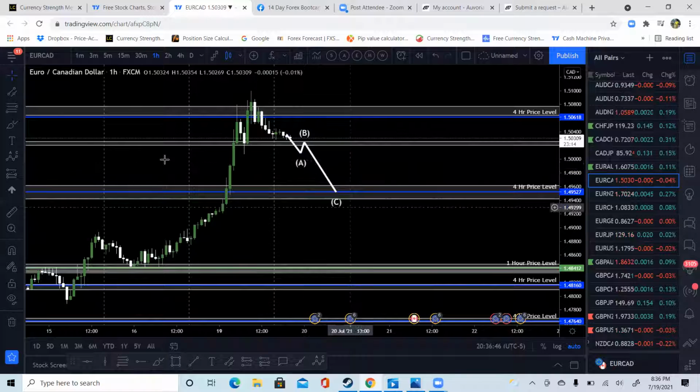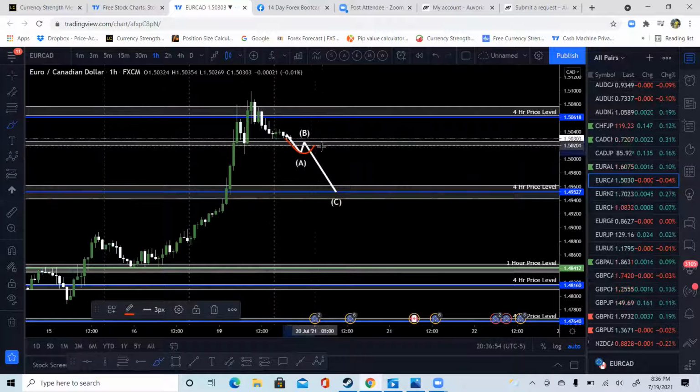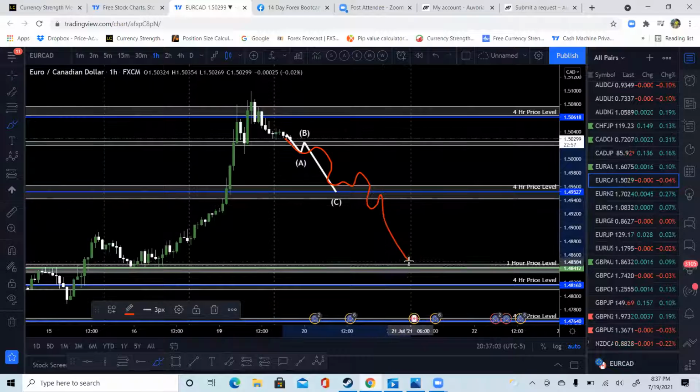So if I get this move to happen, where the price comes down, gives me a little bit of strong reaction and then comes down like that, then you got the reactions, and then the strong move and then the retest, and you're good to go. So that's how you can plan your charts.